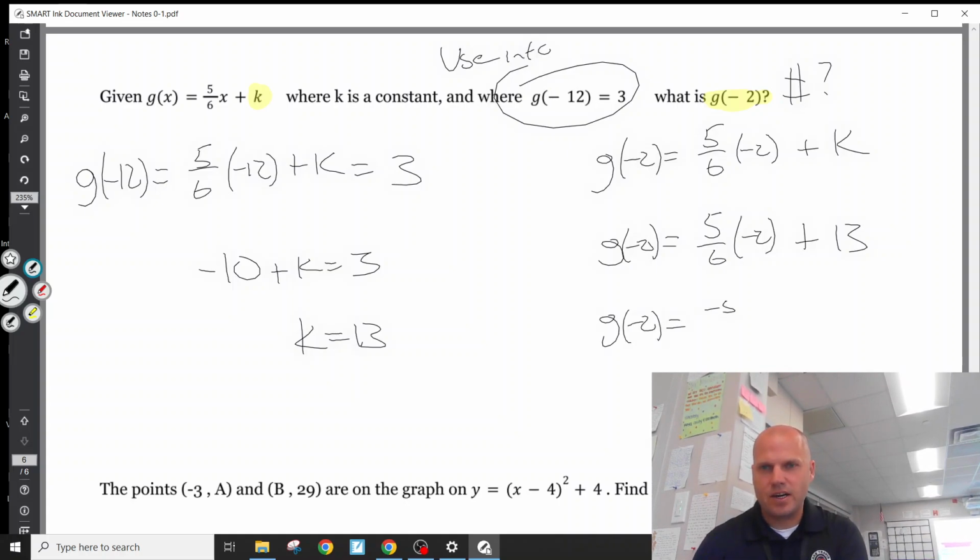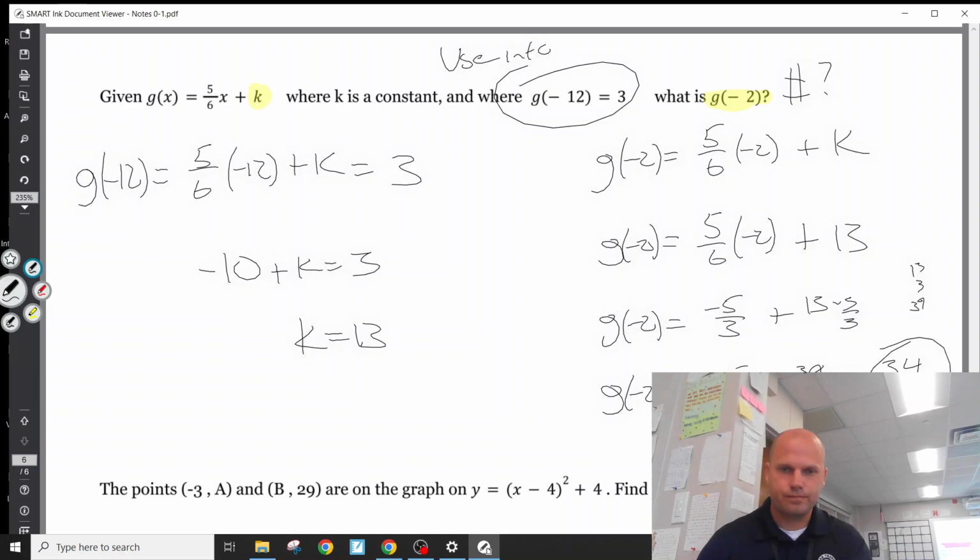We get negative 5/3 plus 13. 13 turns into 39/3. 34/3. There's your answer.